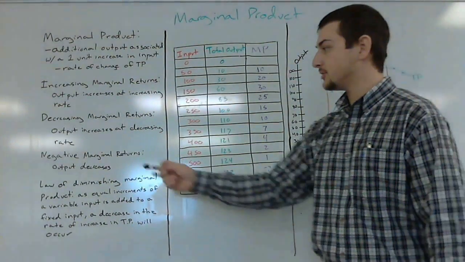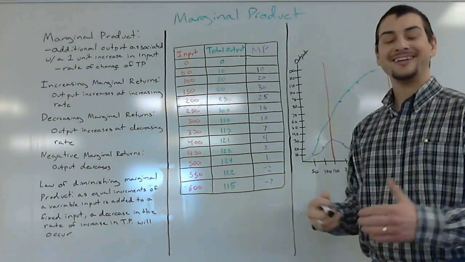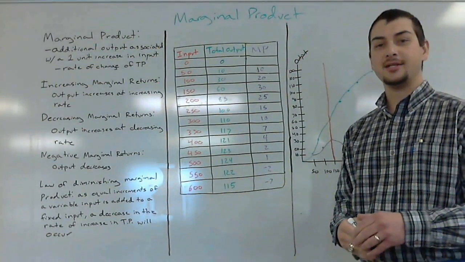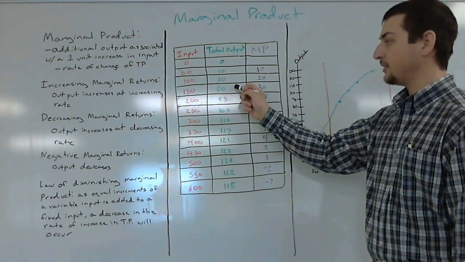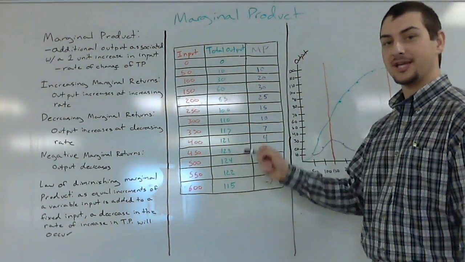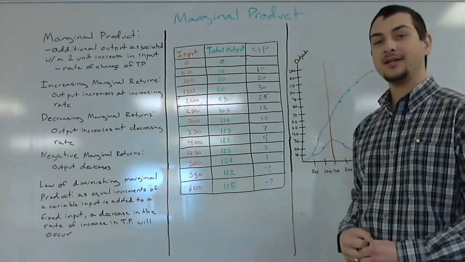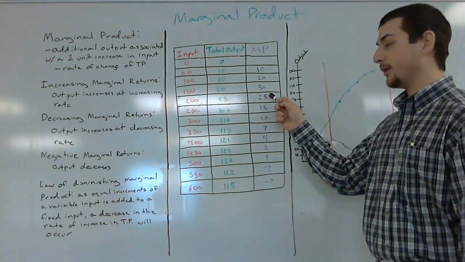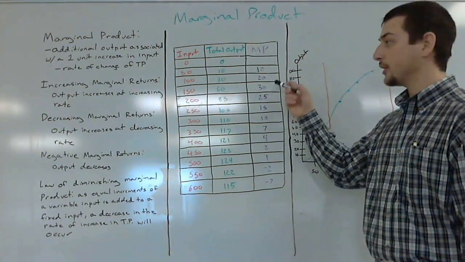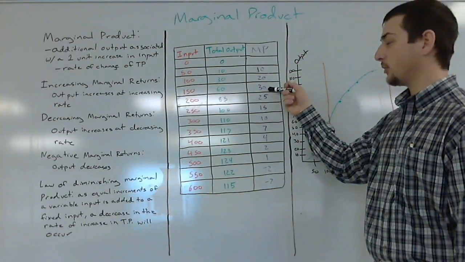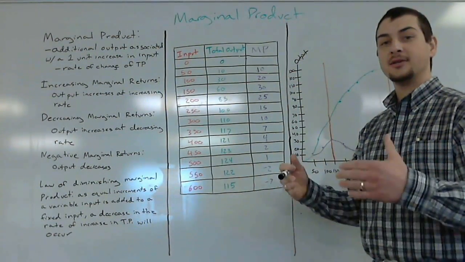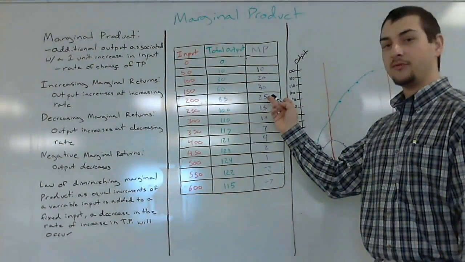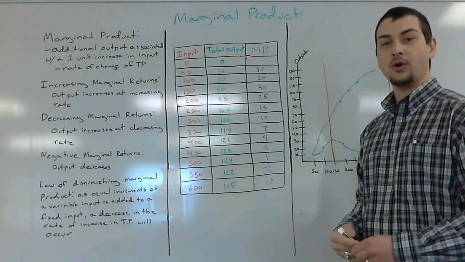Then we get into decreasing marginal returns, where output increases, but at a decreasing rate. After this 150 pounds, our output is still increasing, still growing, but the rate at which it's growing is now falling. Whereas before it was going from 10 to 20 to 30 units of additional growth, now the next 50 pounds only gets us 25 more units of growth.